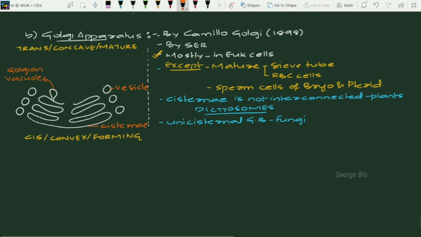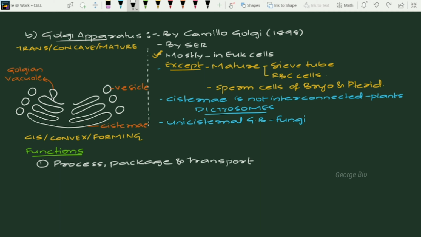Now let's go on to the functions of Golgi apparatus. It helps in packaging, processing and transporting of materials from cis phase to trans phase, which are collected from the endoplasmic reticulum. That becomes the first function: processing, packaging, and transport of materials from cis phase to trans phase.